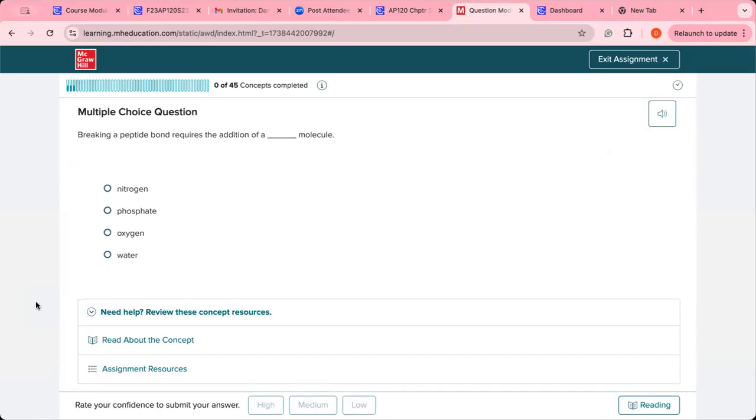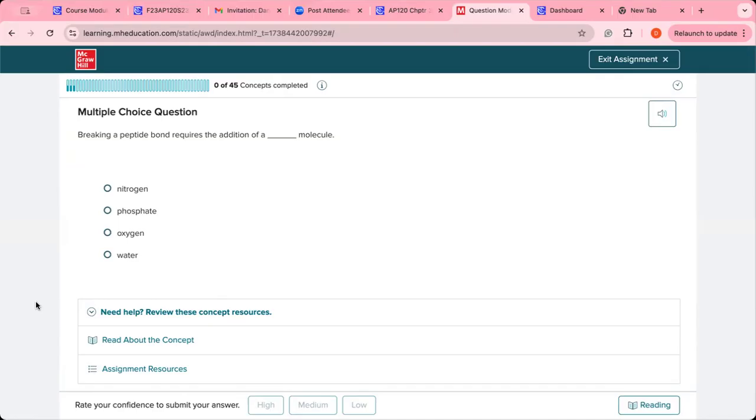Hold on, I have to look it up. Breaking a peptide bond.